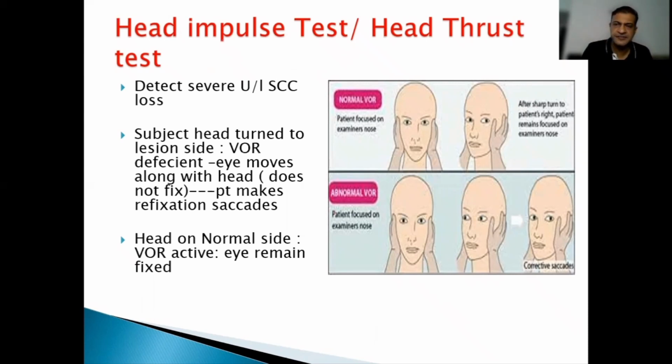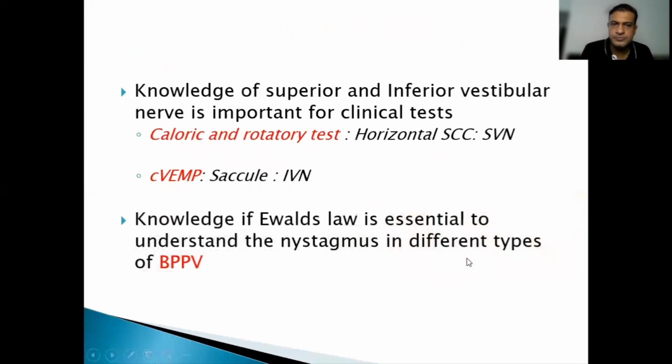However, if one side vestibular function is not working, the eyes will move along with the head, and then there will be a corrective saccade, and the eye will jump and move back to the fixed point. So when the head is turned to the lesion side, the vestibulo-ocular reflex is deficient, so the eyes move with the head, as shown in this figure, and then the patient makes an attempt and refixes. So a saccade is seen, which is a positive head impulse test.